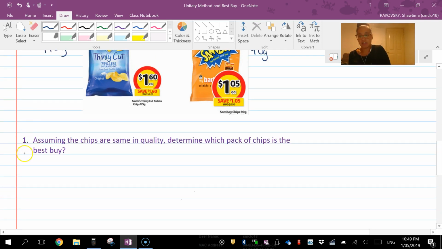So I'm going to look at the Smith's chips first. So Smith's chips are $1.60 for 175 grams, and the Samboys chips are $1.05 for 90 grams.